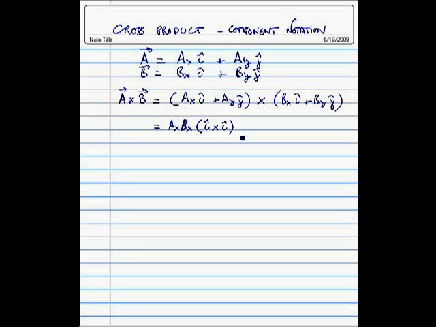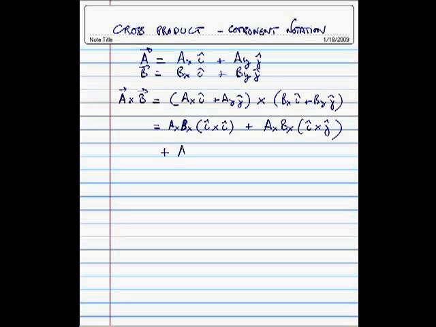So for the first term it doesn't matter, they're both i, but for the second term, as I'm doing ax i cross by j, I need to be very careful to keep the i first and then cross it with j. Similarly, the third term will be ay j cross bx i.